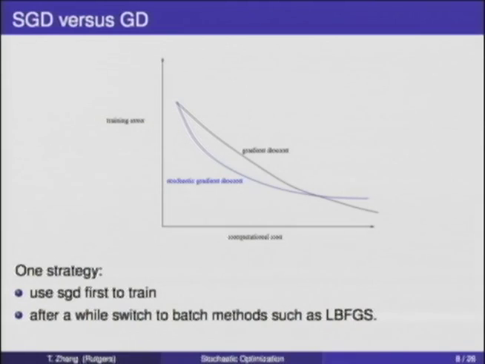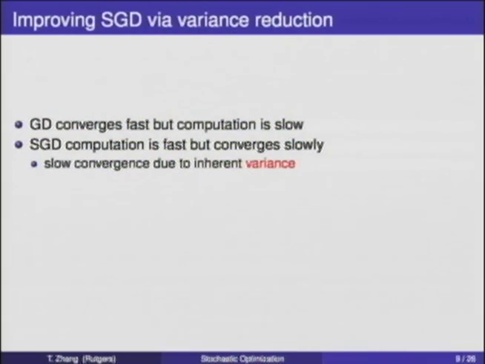But because we have a variance in the stochastic algorithm, we want to fix the variance problem. That's what I'm going to talk about. If we summarize, for gradient descent, convergence is fast but computation is slow. For SGD, convergence is slow but computation is fast.